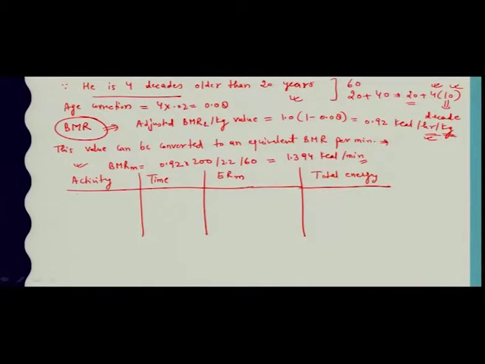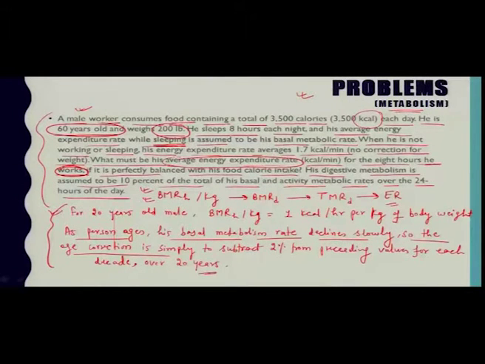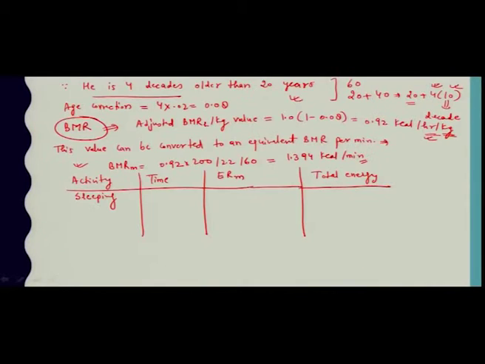So first kind of activity is sleeping. So sleeping, how much time it is taking? So he is sleeping for 8 hours. So 8 if we calculating in minute, so 8 into 60 is equal to 480 minutes.